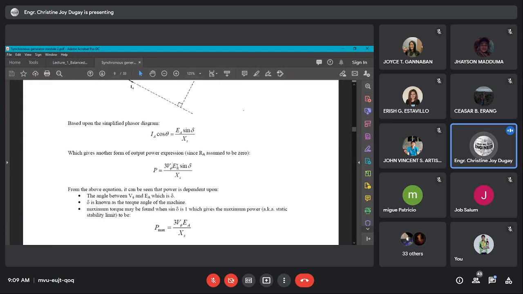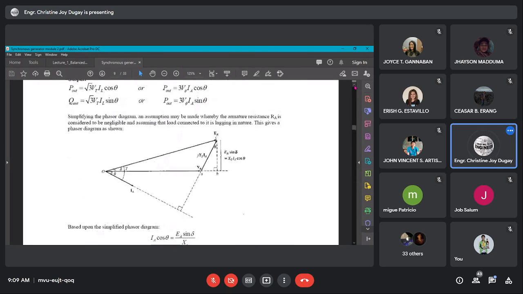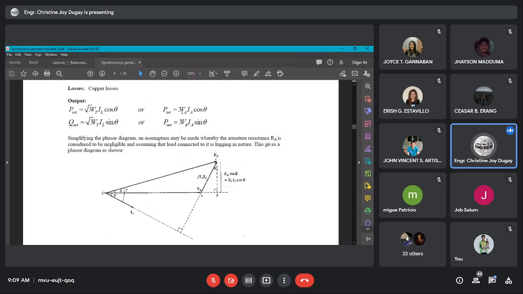Ayan, pinalitan lang niya yung I cosine theta. Dito naman, ang ginawa niya, pinalitan lang niya yung I cosine theta dun sa equation natin na P is equal to V phase I phase cosine theta. Ayan. Eto, pinalitan lang po niya yung IA cosine theta. Naintindihan po ba?